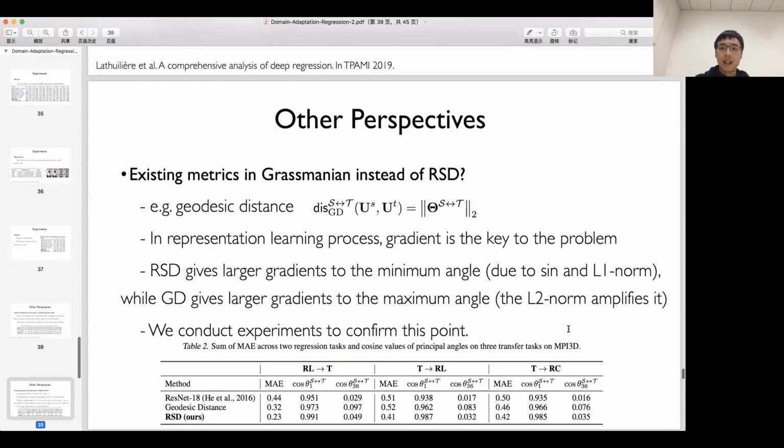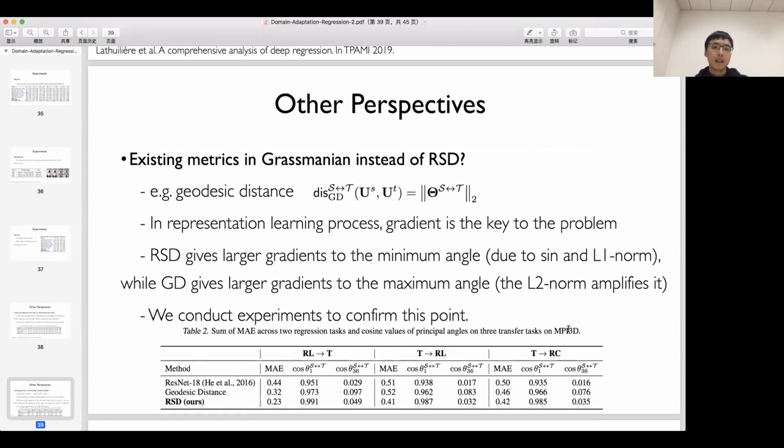And there are other perspectives. For example, there are also many existing metrics on the Grassmann manifold. Why do we try to define a new distance instead of using existing metrics? For example, geodesic distance is a commonly used metric on the Grassmann manifold.